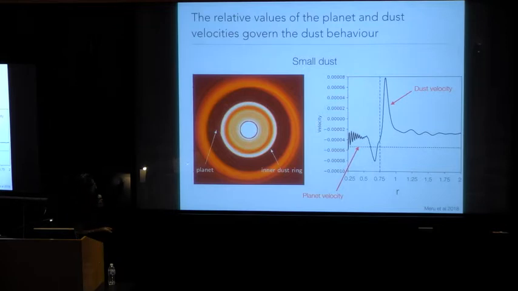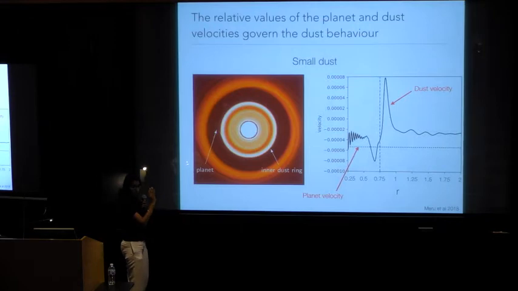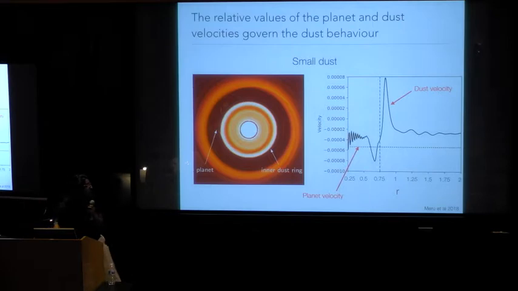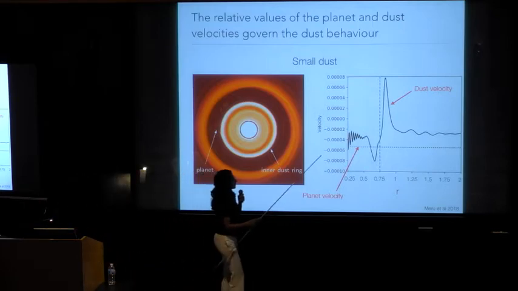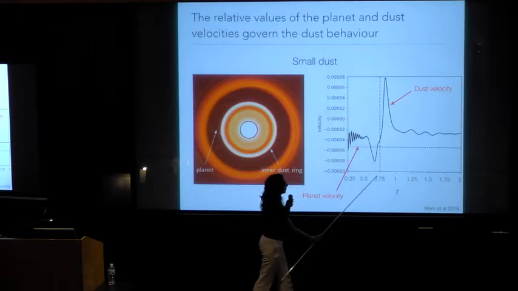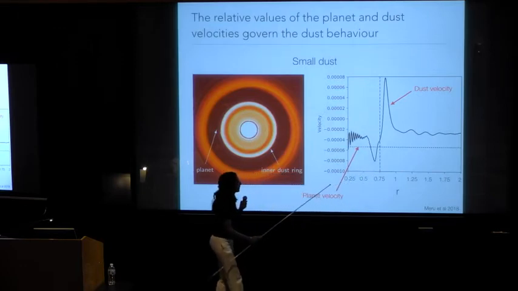Well, why does this actually happen? Well, the answer is really to do with the relative difference between the planet's velocity and the dust drift velocity. Okay, so here what I'm doing is plotting the velocity of the planet. That's the dotted line. The planet is located at r equals 0.75.